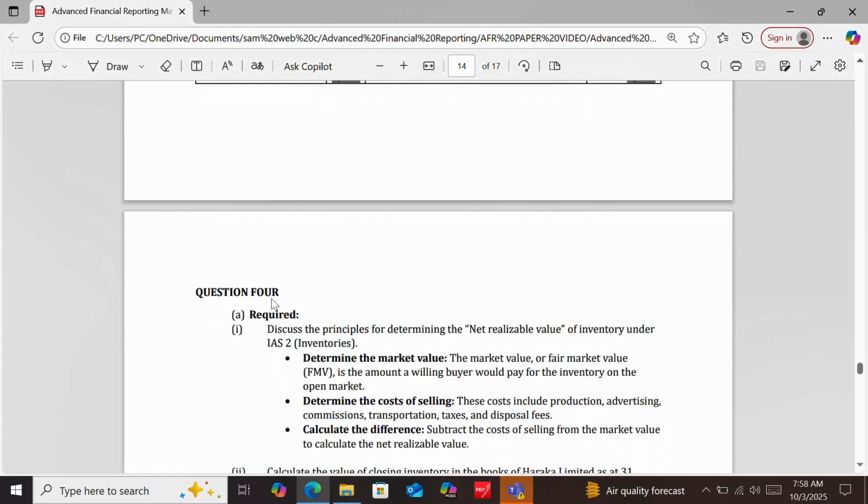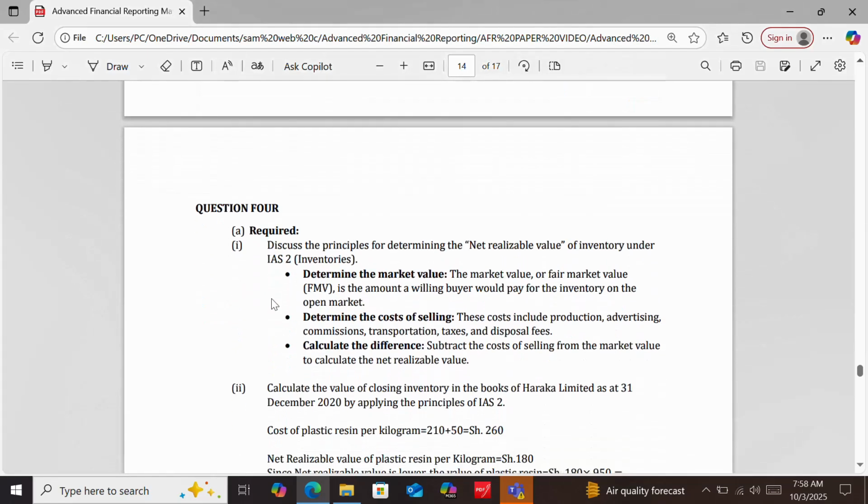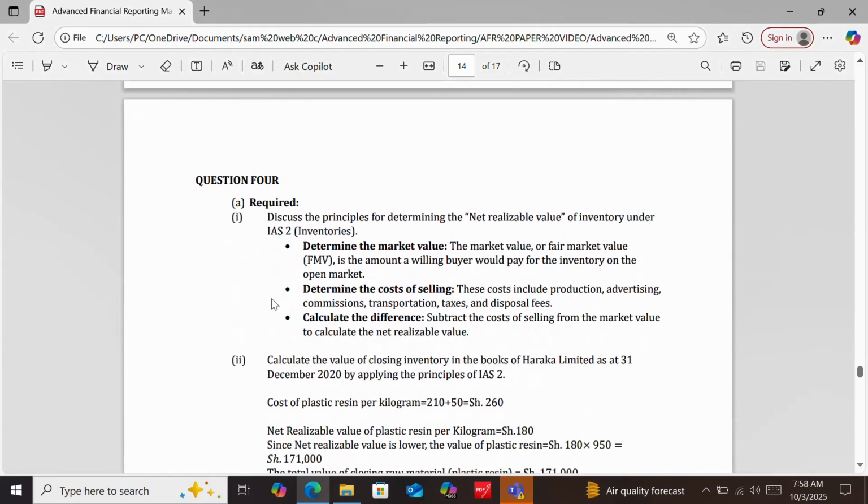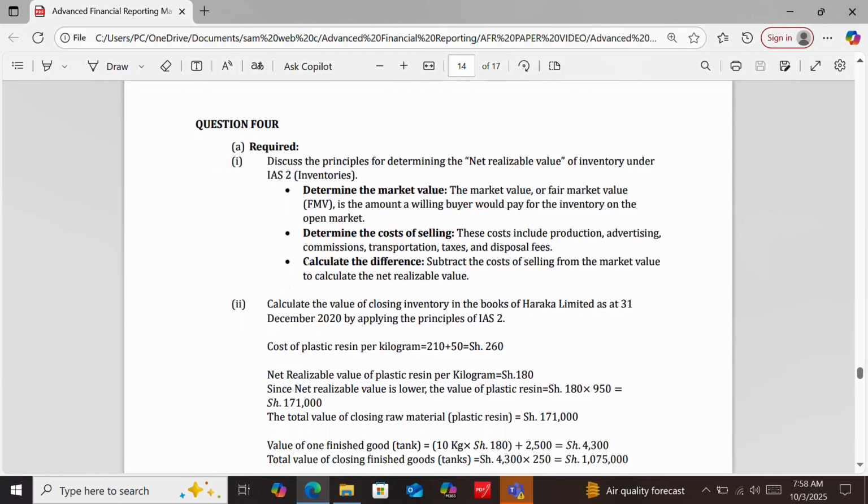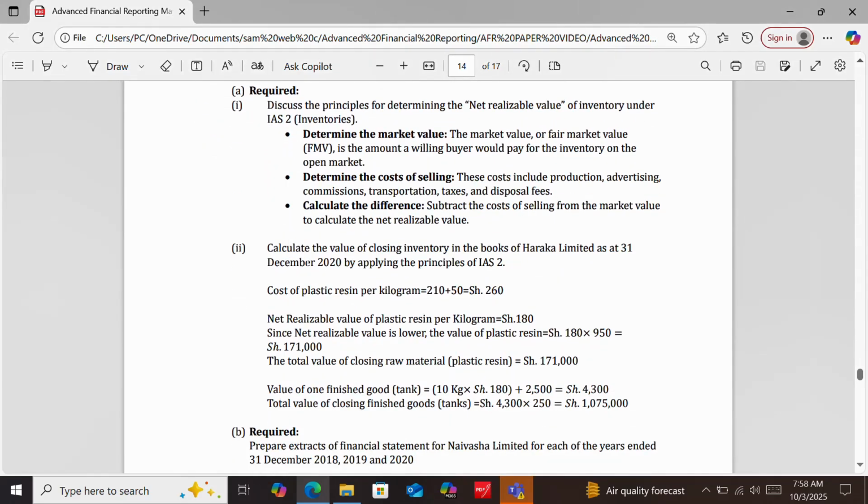Then we go to question 4. Discuss the principle of determining the net realizable value of inventory under IAS 2 inventories. That is very simple. Then you have Roman 2, calculate the value of closing inventory.